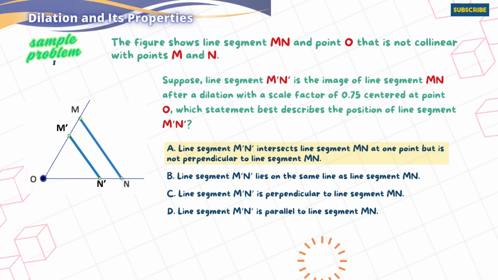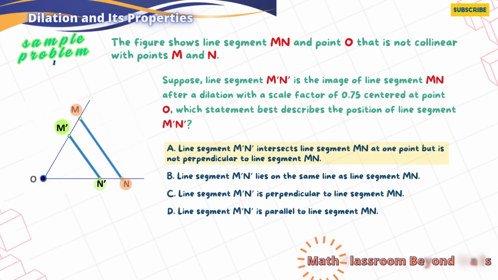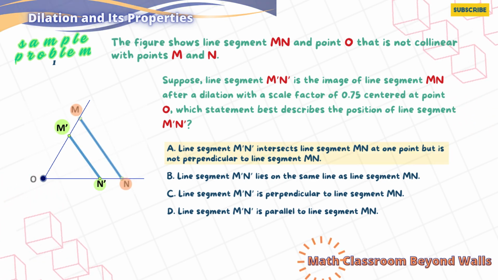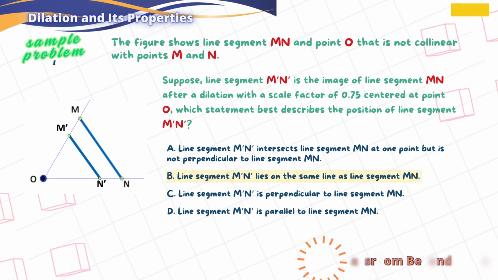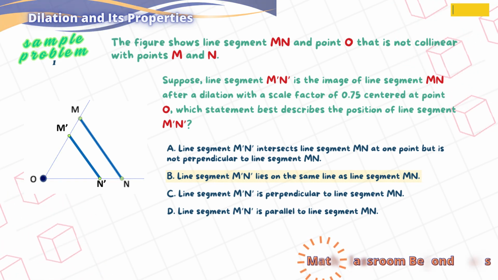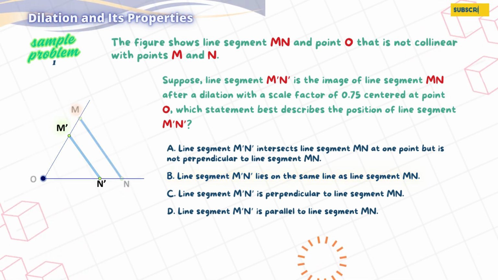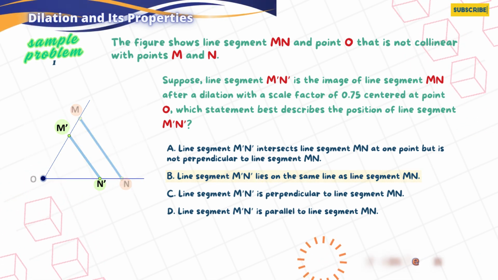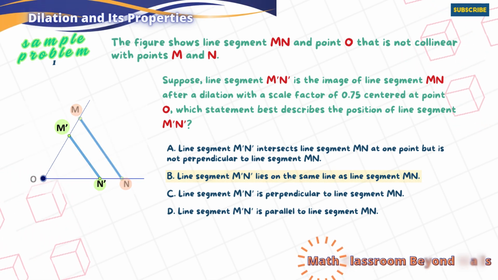Does line segment M'N' intersect line segment MN at one point? No. Okay, option B, line segment M'N' lies on the same line as segment MN. Does line segment M'N' lie on the same line as line segment MN? Okay, so obviously not.